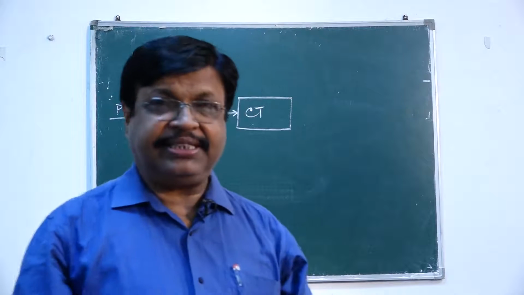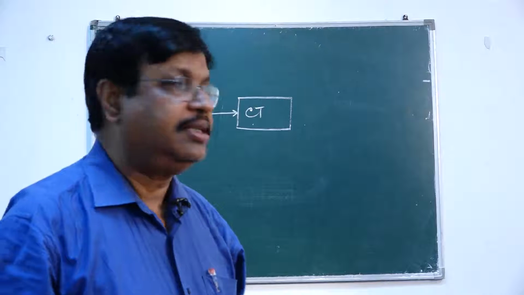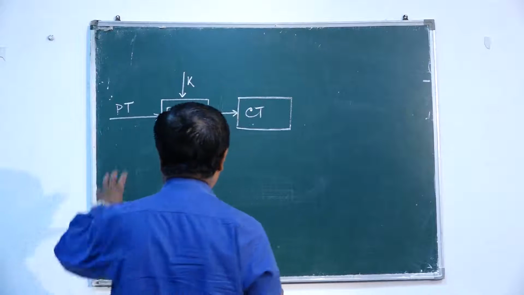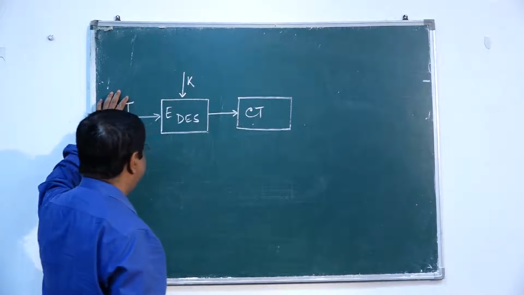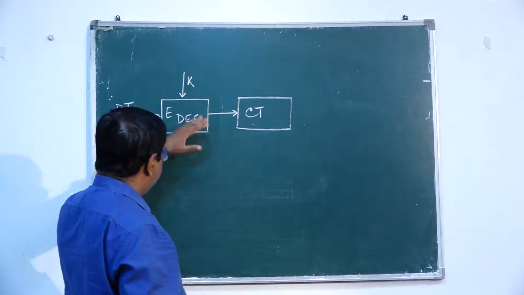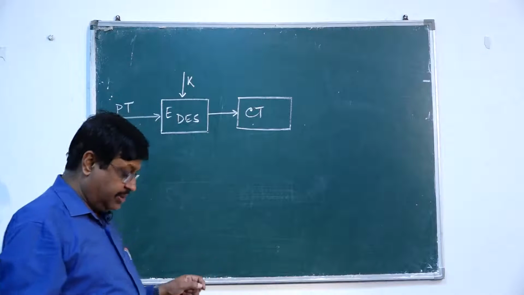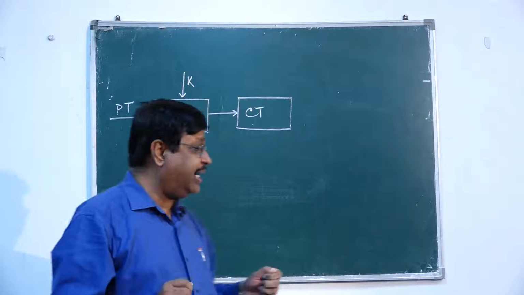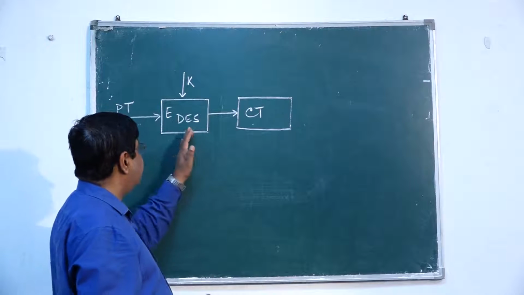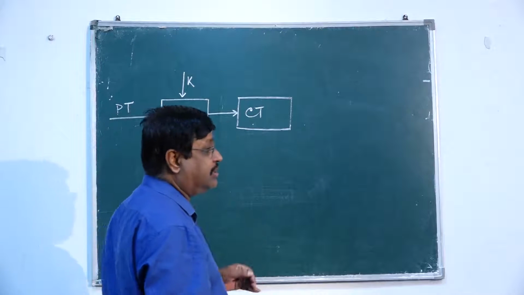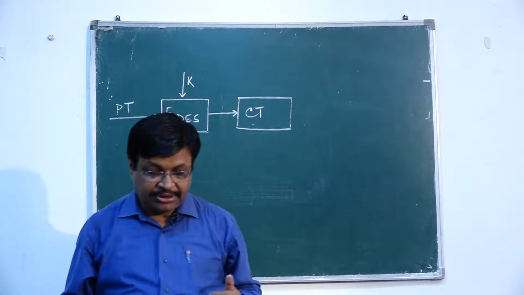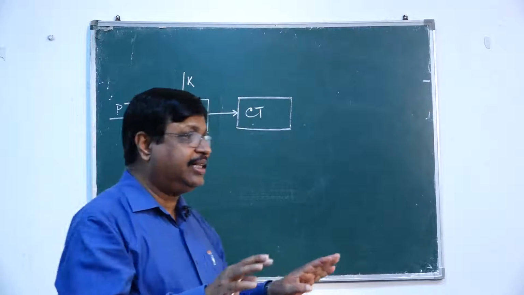This is the entire process of DES. The plain text enters the DES algorithm using a key K, and after coming out of it, the plain text is converted into ciphertext. So, this is the DES.